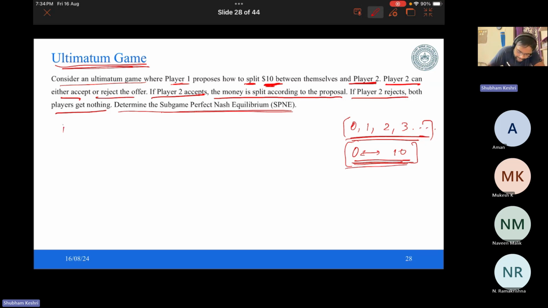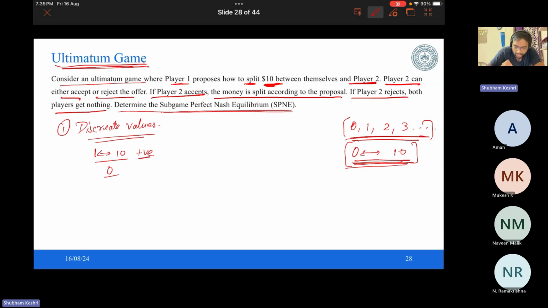All right. So for the first case, we are saying that we have discrete values. So for simplicity, we will just assume it is 0, 1, 2, 3 till 10. So player 1 can either give 1 to 10, any positive amount, or he can give 0.